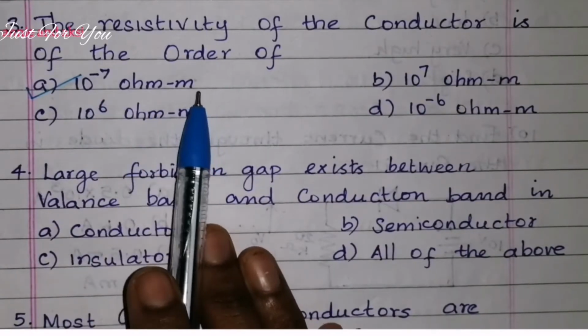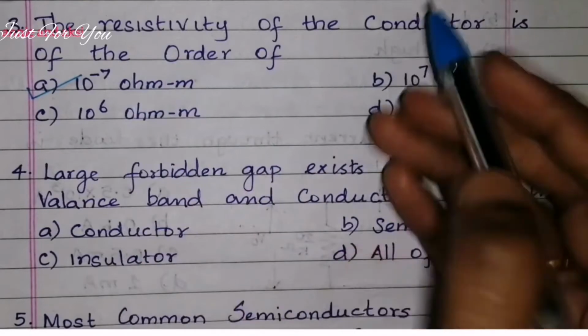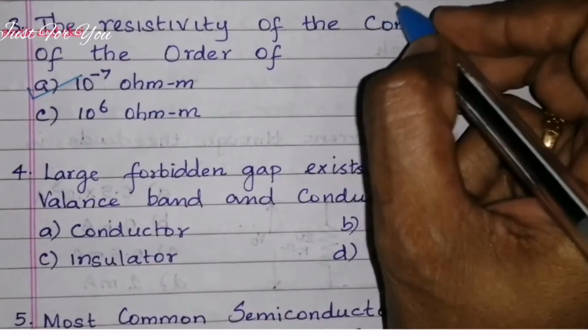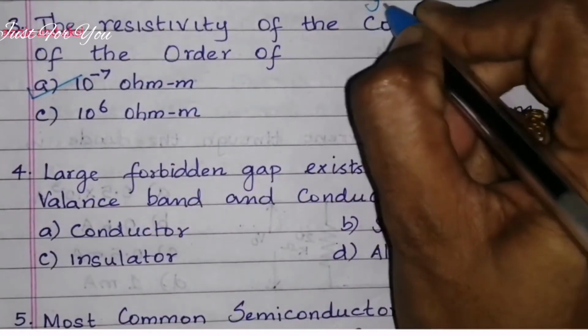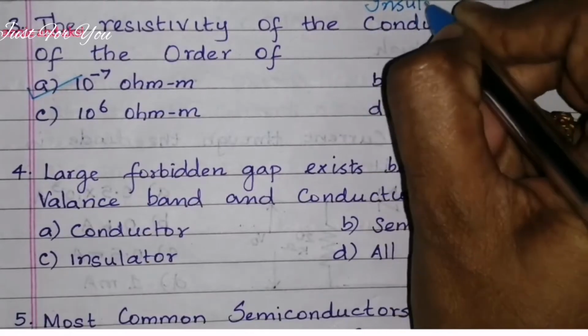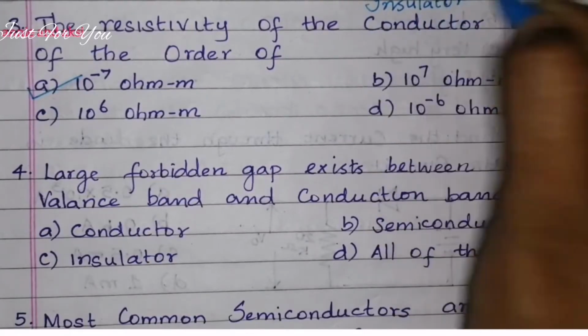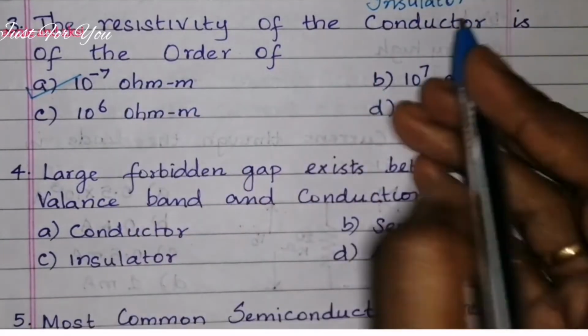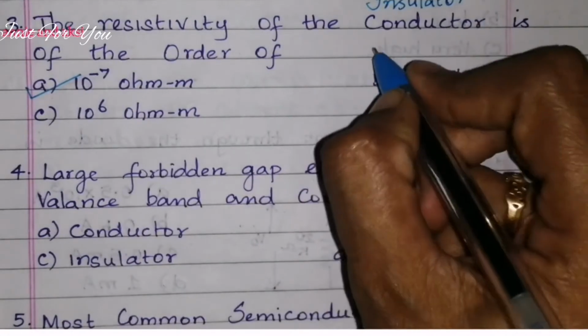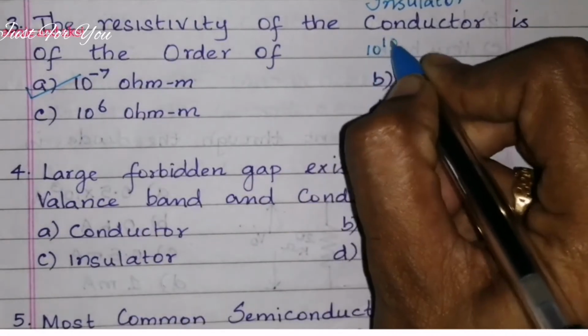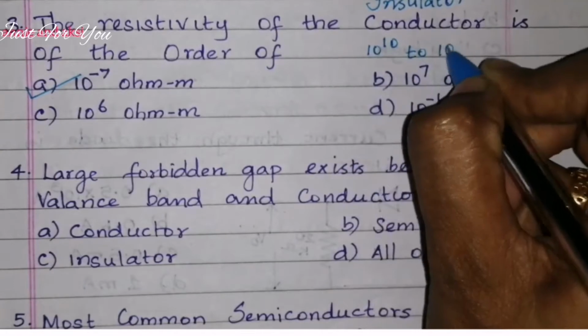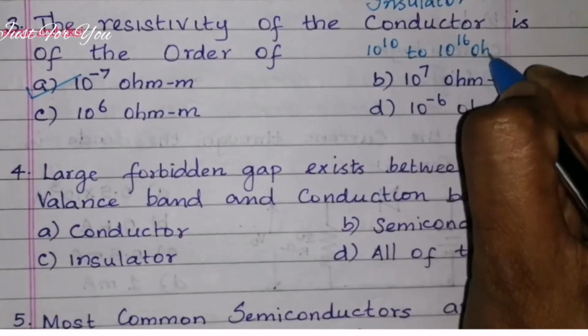In case they ask what is the resistivity of an insulator, the answer is 10 power 10 to 10 power 16 ohm meter.